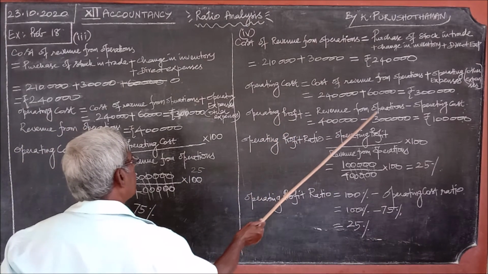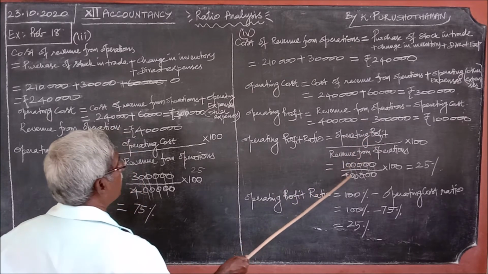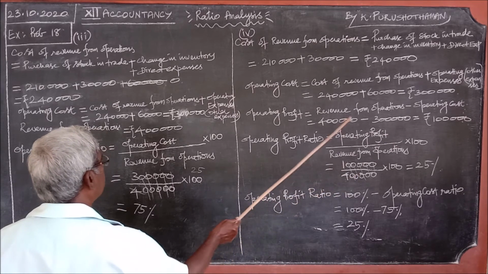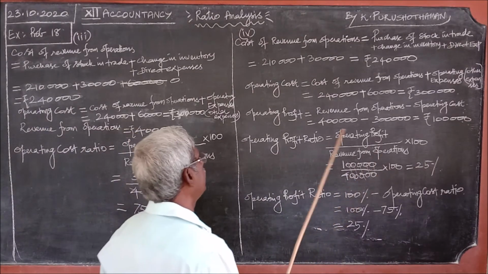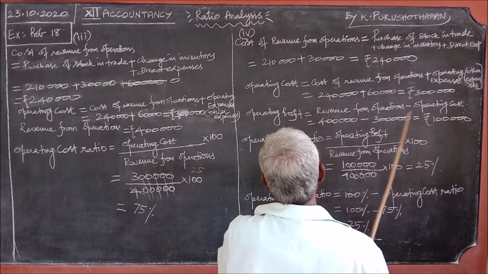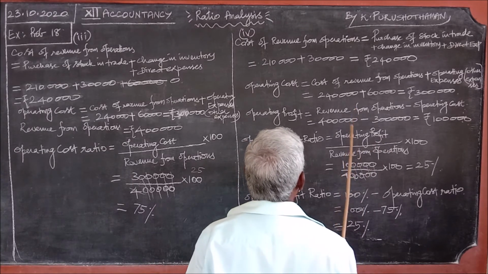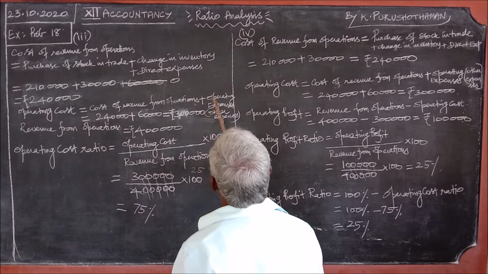The same thing here also. Operating profit ratio is equal to operating profit by revenue from operations into 100. Revenue from operations 4 lakhs you know, but how to find the operating profit? Operating profit is equal to revenue from operations minus operating cost. Revenue from operations 4 lakhs you know. Operating cost we have found out already, it is 3 lakhs.